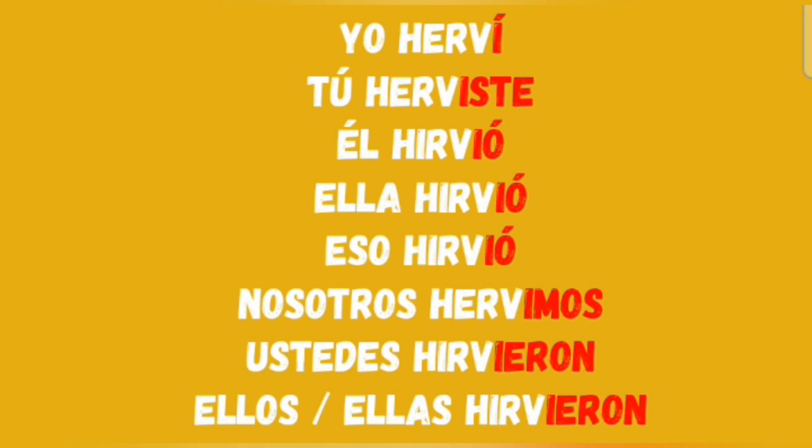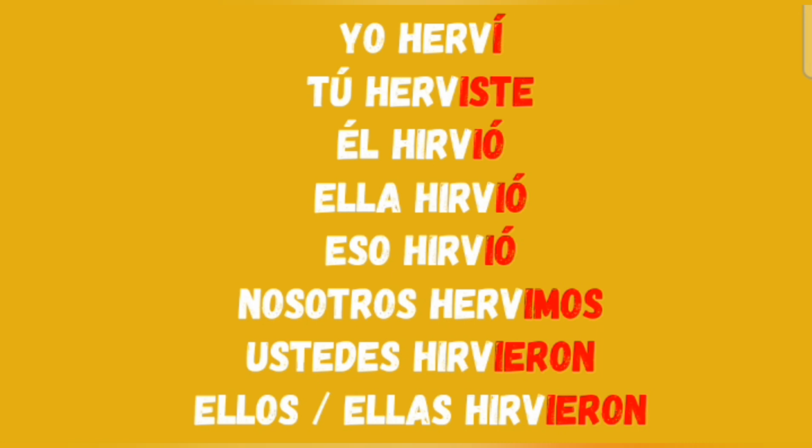Yo herví. Okay, and check the root word is the same in the first personal pronoun yo and the second personal pronoun tú, you. Okay, herv. Yo herví, I boiled, and you boiled, tú herviste.